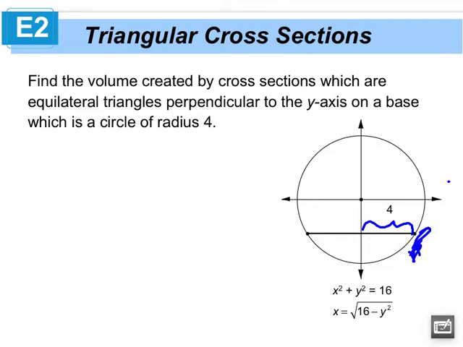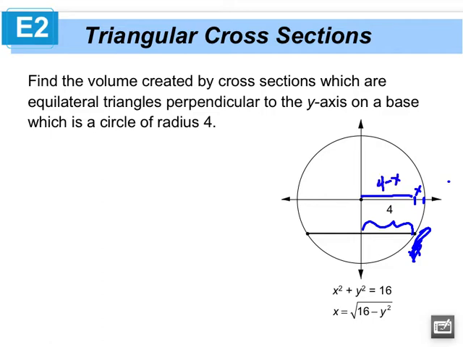I lied. I think we're going to work in terms of y. I don't know what I want to do yet. Well, I'll ask you, how long is that? How long is it in terms of x, first of all? 4 minus x. Why 4 minus x? Because it's in terms of x. Where did the 4 come in though? The radius. So if what you're saying is true, you want to make that distance x? So this distance is 4 minus x?